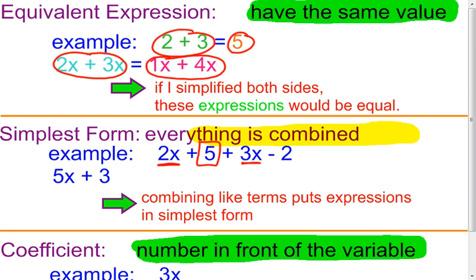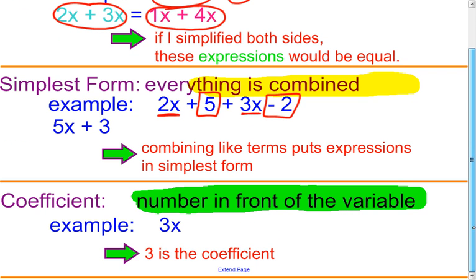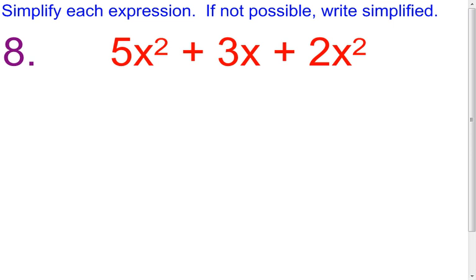I could add a 5 with a negative 2, and 5 plus negative 2, or 5 minus 2, of course, would be 3. Okay? Like we've already referred to, the coefficient is the number that's in front. So in this expression right here, the number that's in front of the variable is the 3. So 3 is the coefficient.